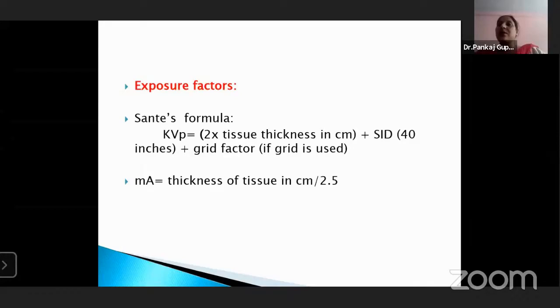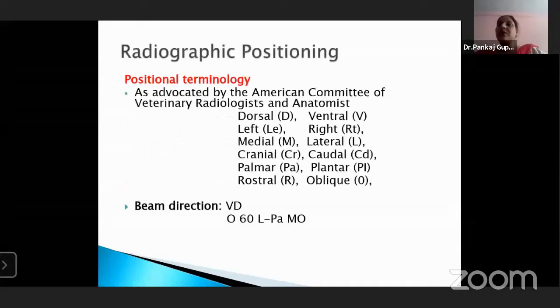That is generally kept constant in case of veterinary patient, that is 90 centimeter, or you can say 40 inches, plus grid factor whenever the grid is used. And for the calculation of MAS, the thickness of tissue divided by 2.5. From this formula, we can calculate the exposure factors to be applied when a part is to be radiographed.